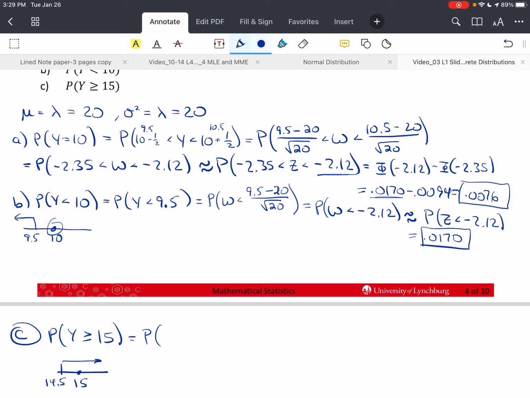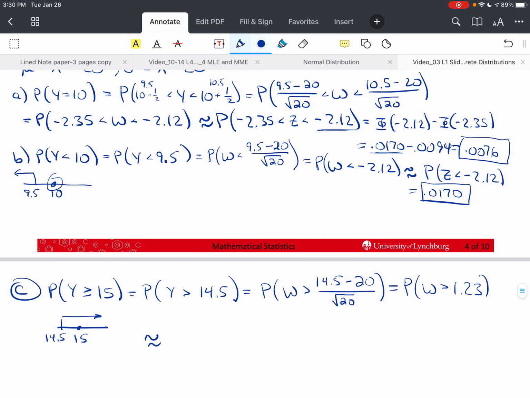So this is going to be the probability that y is greater than 14.5, which is equal to the probability that w is greater than 14.5 minus lambda over the square root of lambda, the standard deviation, which is equal to the probability that w is greater than 1.23. And now this is approximately equal to the probability that z is greater than 1.23.